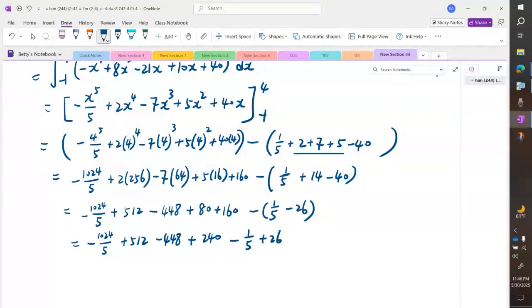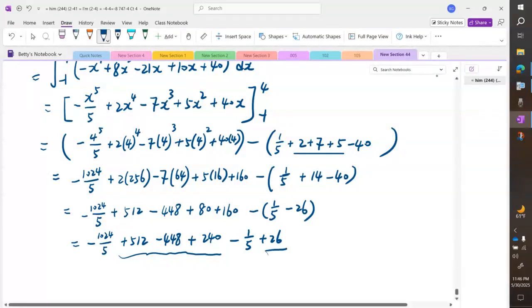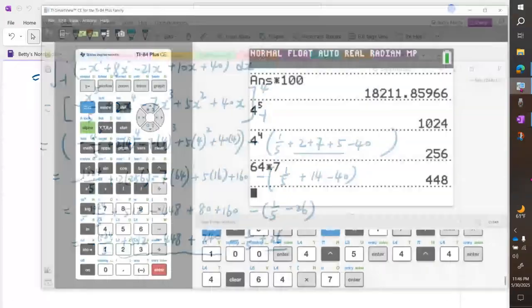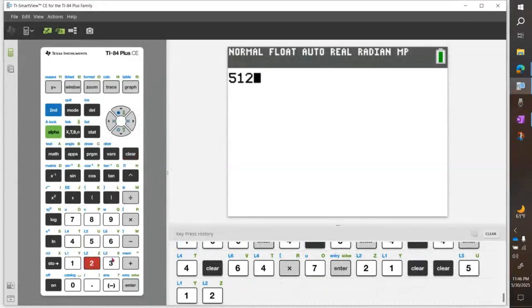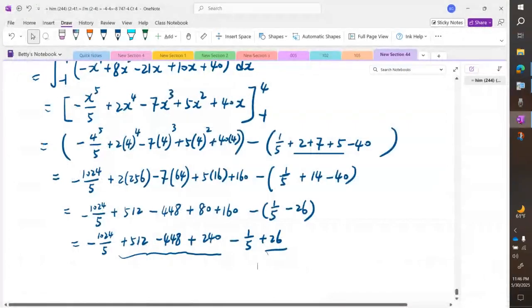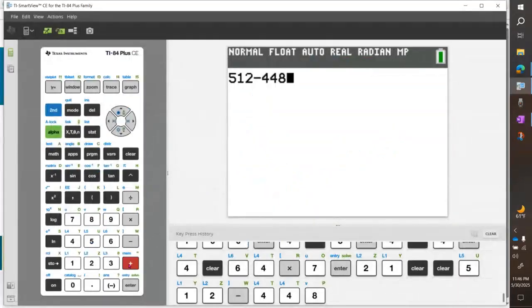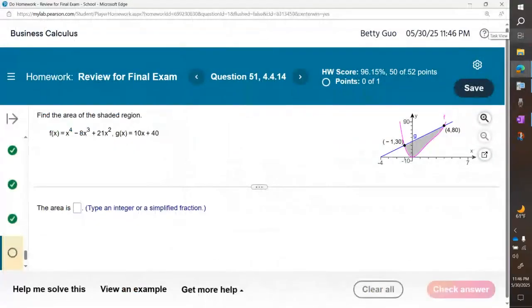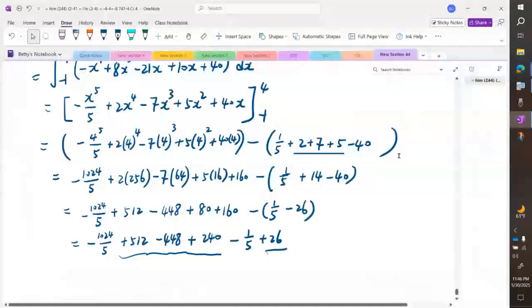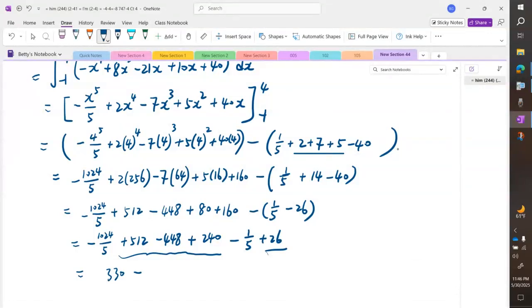It's 26. Then 330. 330 minus 1025 over 5.